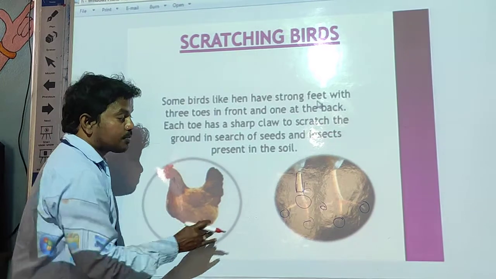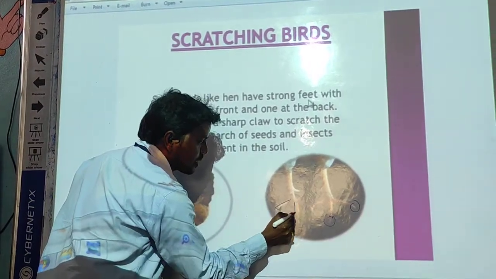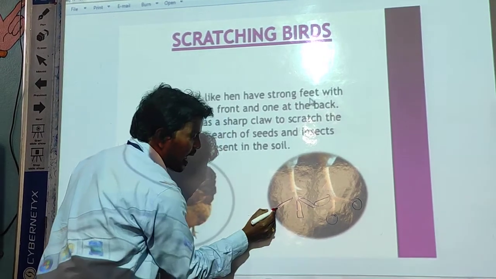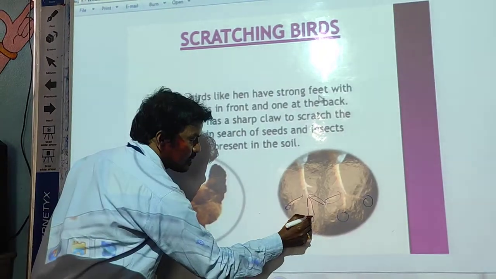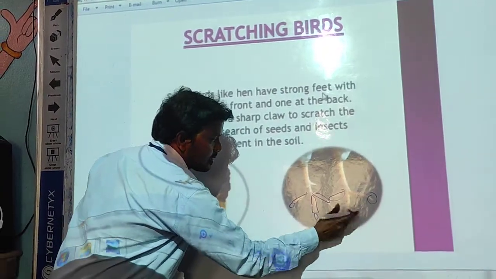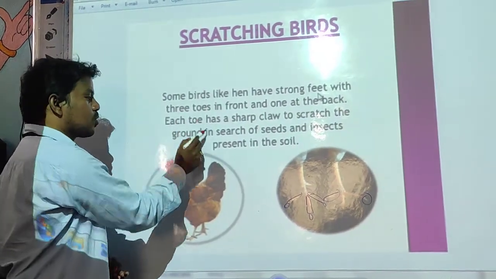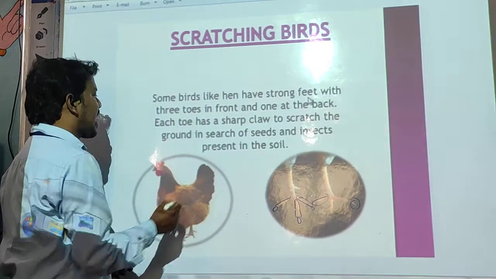See, this is 1 toe, this is 1 toe, this is 1 toe, and here we can see a sharp claw, like our nail. Each toe, each finger, has a sharp claw to scratch the ground.